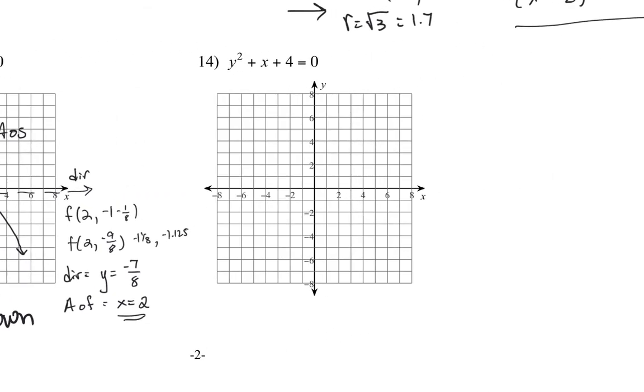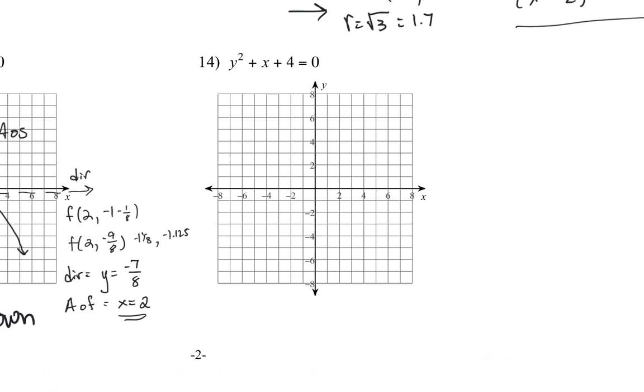Let's continue. We'll do the other parabola just for practice graphing. So we're going to have y squared. You know what? I'm going to write it with the y minus 0 squared equals, this one's actually relatively easy, negative x minus 4. Y minus 0 squared equals negative x plus 4.